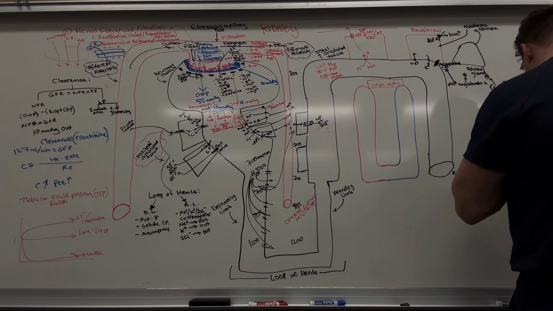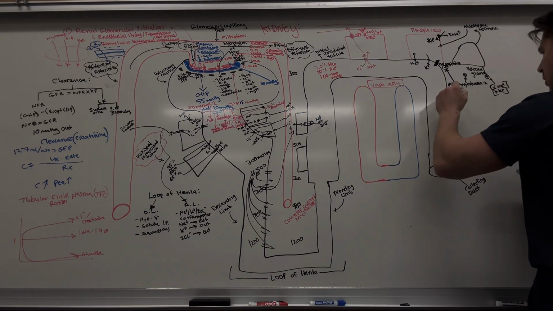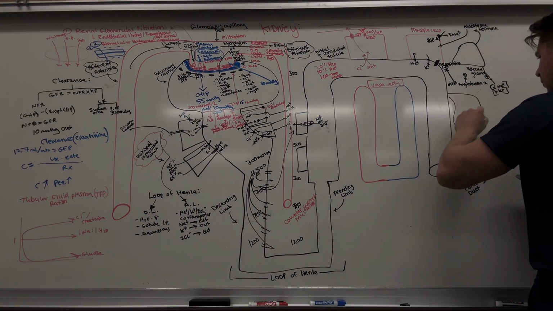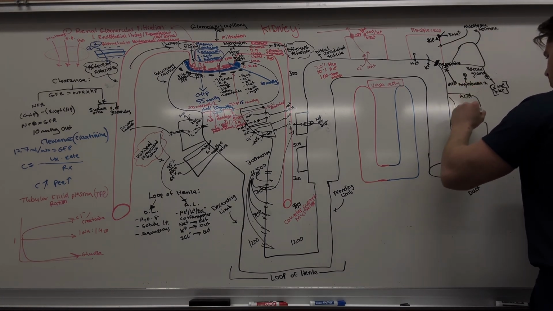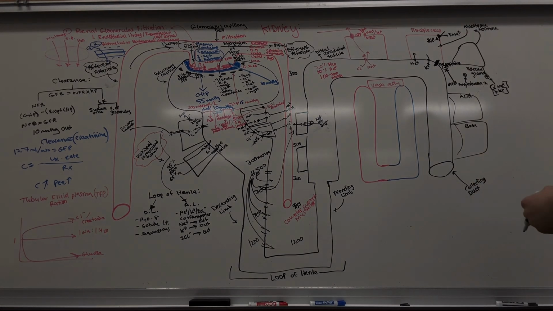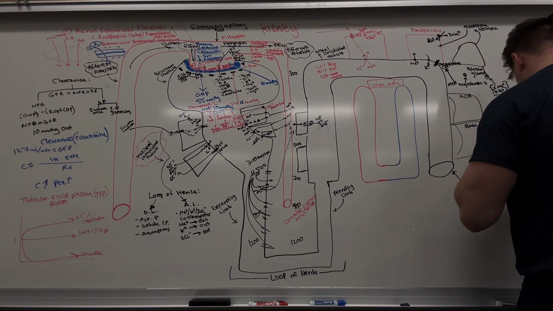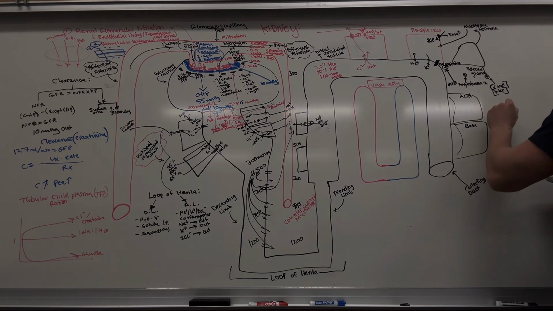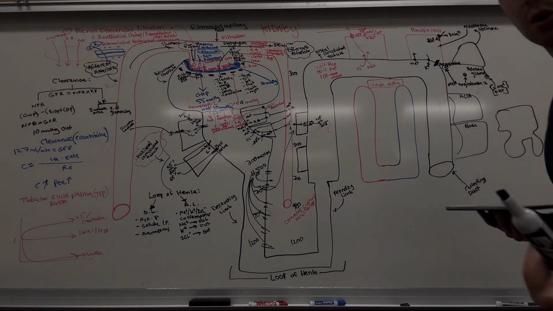So the last thing we have is this thing called the collecting duct, which is this whole section here. We have these A cells and B cells. These are for acid, these are for base. Okay, and so we have this structure right here.